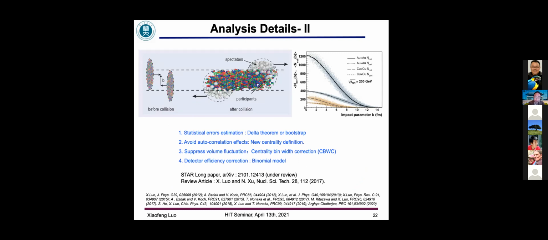During this analysis, we have started to measure the experimental observable more precisely. For example, we need to estimate the statistical uncertainty precisely, carefully define centrality to avoid autocorrelation, perform the centrality bin width correction to suppress the volume fluctuation, and do the detector efficiency correction.